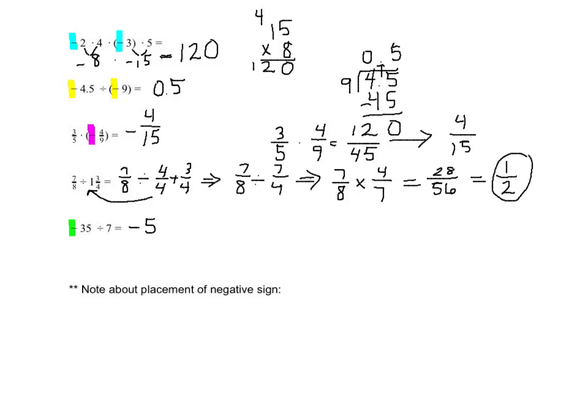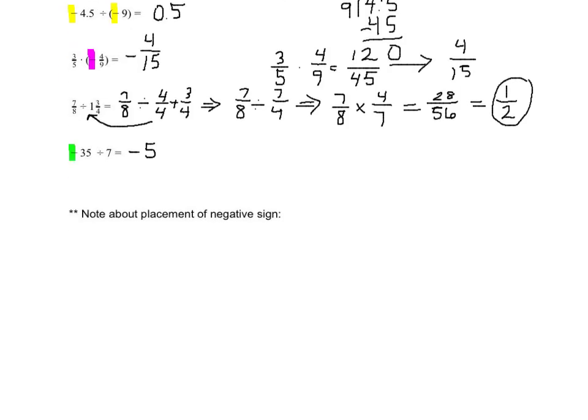All right, now there's one more thing I want to talk about before you're finished with the video. So a note about placement of negative signs, particularly with fractions. So say on a paper you saw this, and so looking at this negative 1 over 2, this does not mean that only the numerator is negative.